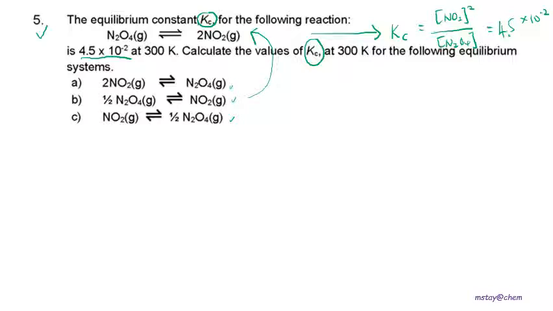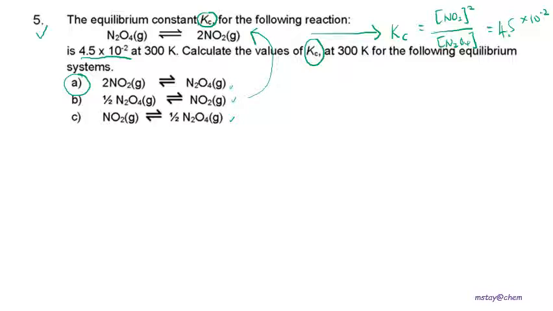Then they asked us to look for the Kc for the previous equation, which is 2NO2 producing 1 mole of N2O4. Because we are not given the concentration, we cannot use the Kc expression as we discussed in the previous question.